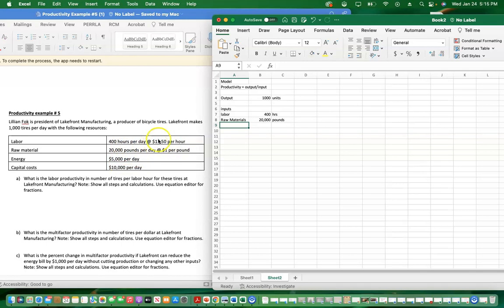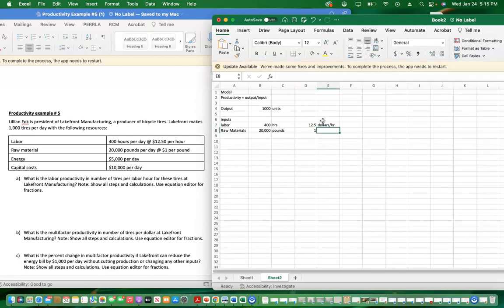So to do so, we have $12.50 per hour. That means we are going to multiply 400 hours times 12.50, and so we get the cost of labor. And also we have $1 per pound. So this one is dollars per hour, and here it is $1 per pound.